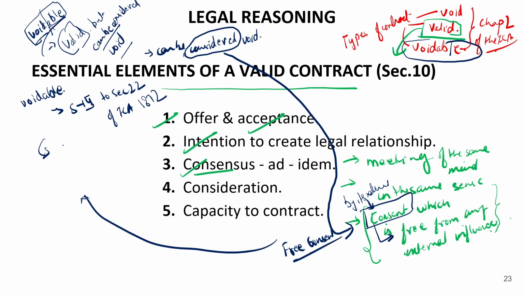And these elements are: the first element is coercion. Then the second one is undue influence.